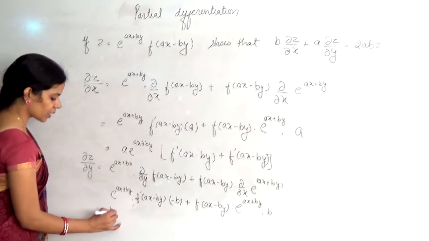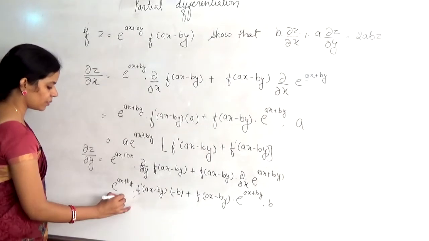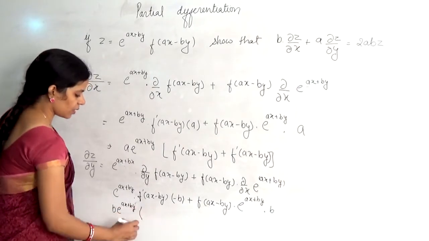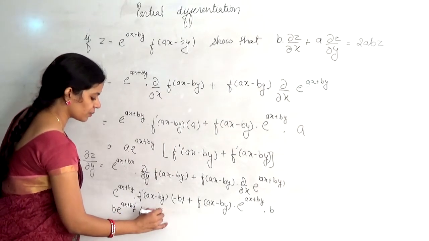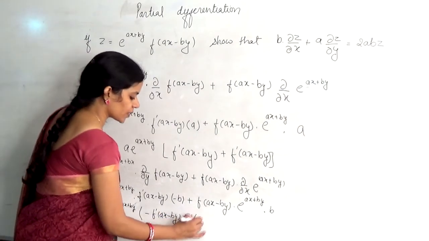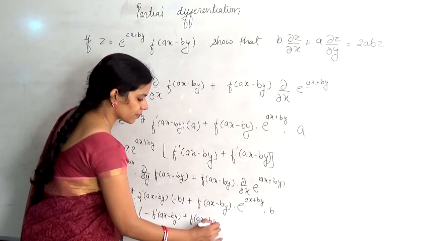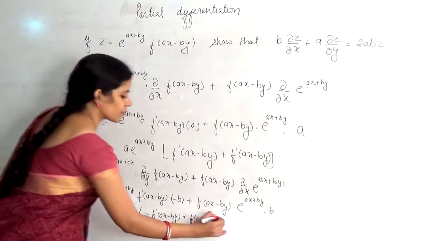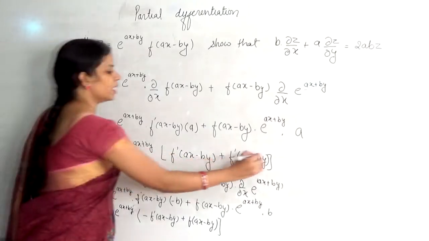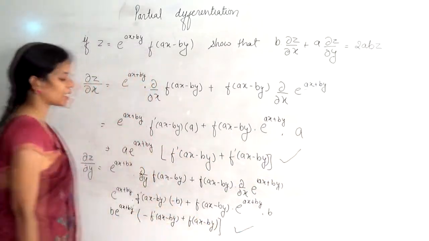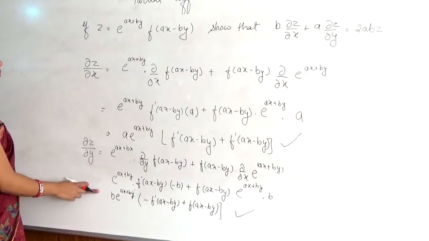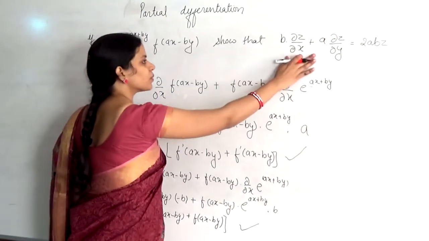Here we will get b e to the power ax plus by into minus f dash (ax minus by) plus f(ax minus by). It is the value of ∂z/∂y. This one is the value of ∂z/∂x and this one is the value of ∂z/∂y. Then we have to put these values of ∂z/∂x and ∂z/∂y into this equation.